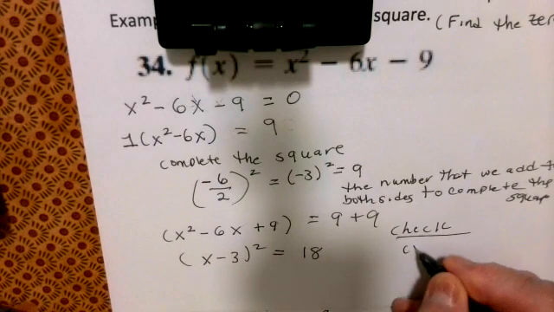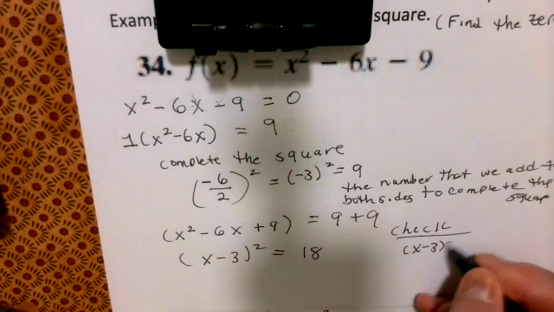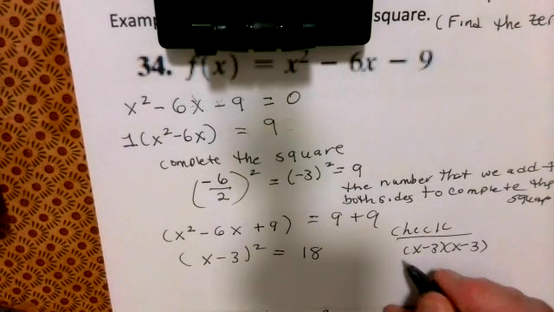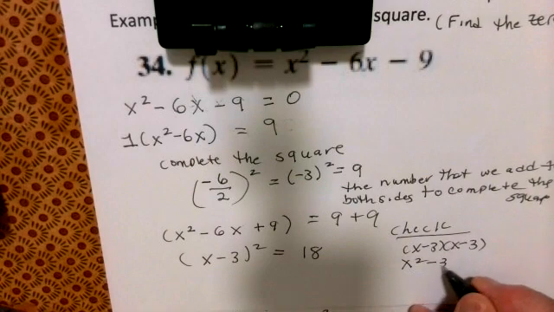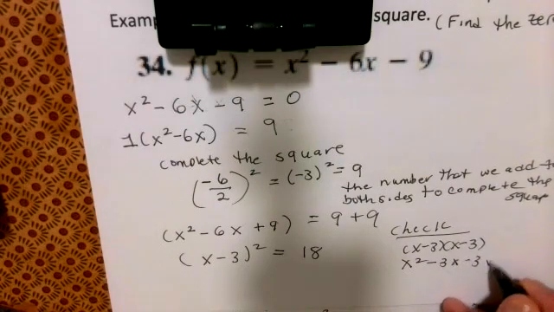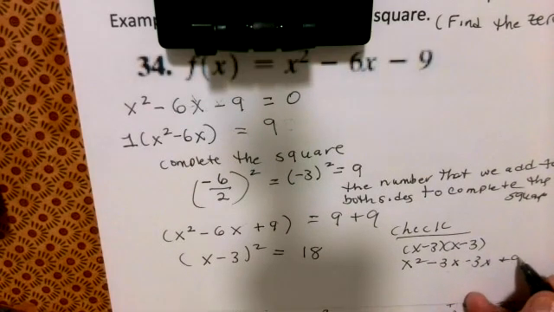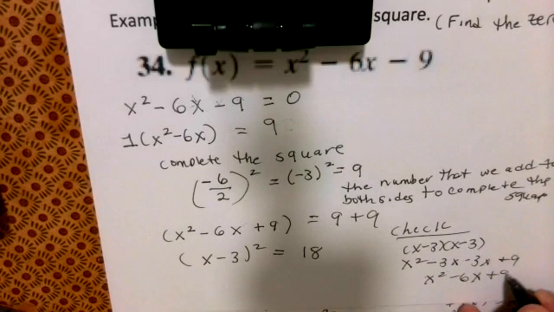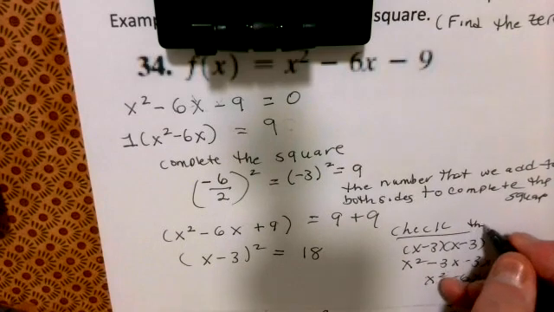You can always check factoring by multiplying the factors back together. So this will give me x squared minus 3x plus 9. That gives me x squared minus 6x plus 9. So we're checking the factoring.